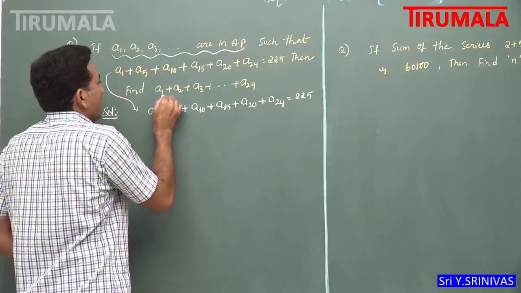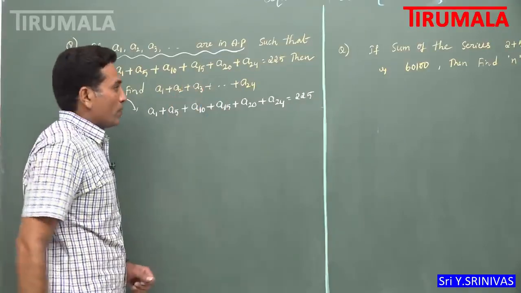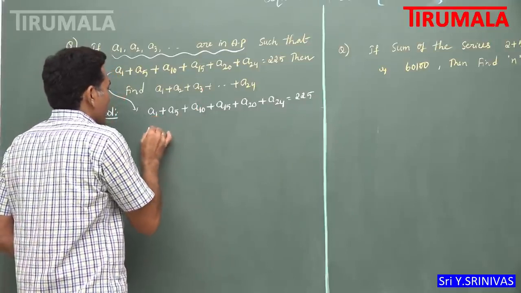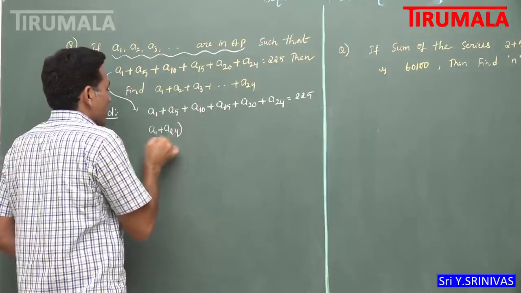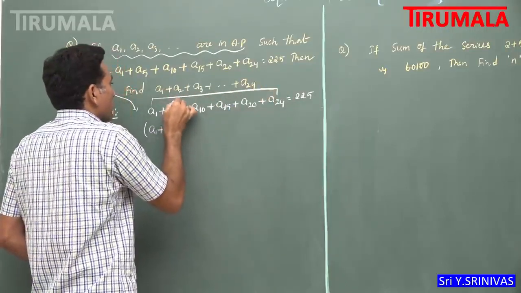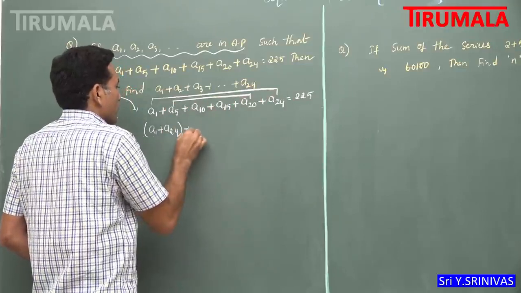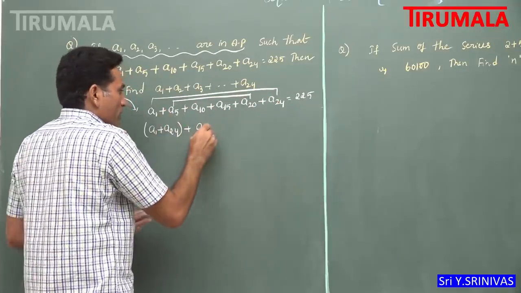Here A1, A2, A3 and so on up to A24 are terms of AP. Now take A1 plus A24 in one bracket. A5 plus A20: it is the fifth term from the first and the fifth term from the last.